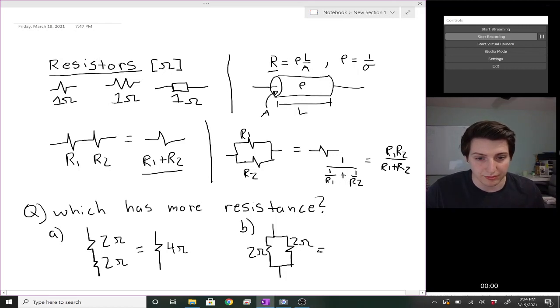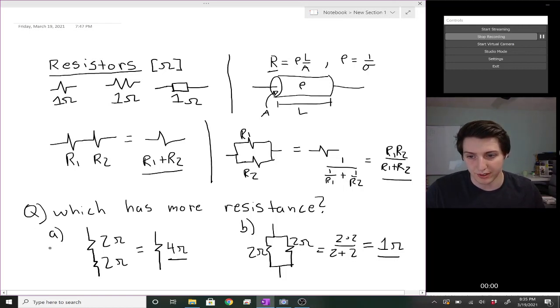And this one is equal to 2 ohms times 2 ohms divided by 2 plus 2, which is our simplified formula that we found here for two resistors in parallel. Doing the quick math, this is equal to 1 ohm. So we see for the resistors in series, we have 4 ohms, for in parallel, 1 ohm. So part A, or option A, has more total resistance.